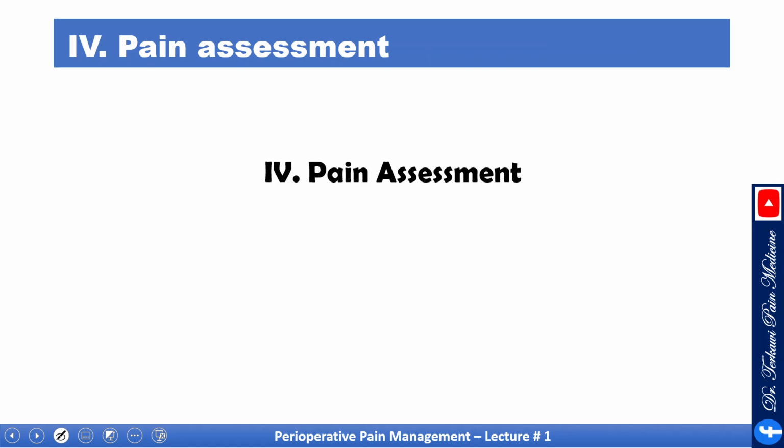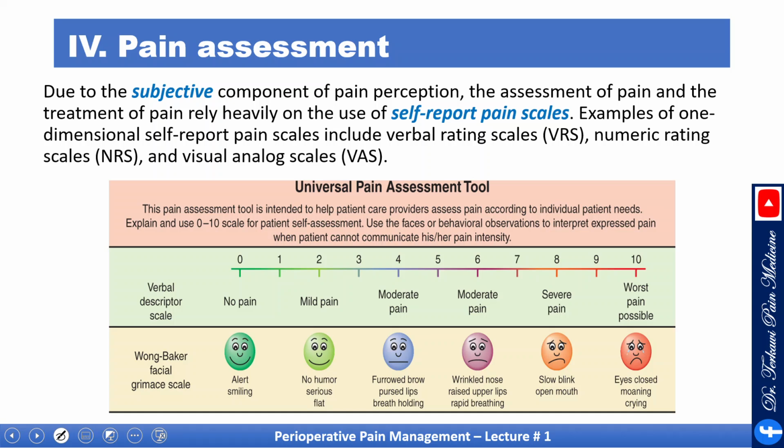Now, let's learn how we're going to assess pain. Because pain is a subjective component of perception, the assessment of pain and the treatment of pain rely heavily on the use of self-reported pain scales. For example, the verbal rating scale.